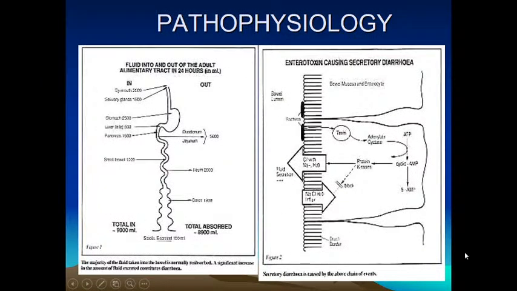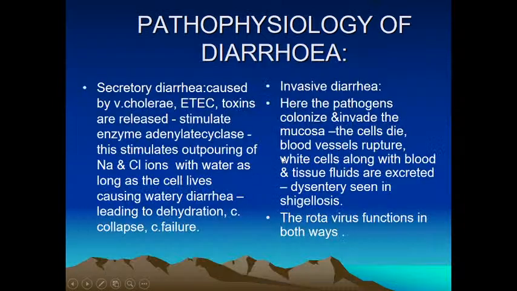I think the slide is too small for you all to see, so we'll just run across it. One should remember the difference between secretory diarrhea and invasive diarrhea. Secretory diarrhea is caused by Vibrio cholerae and the toxigenic variety of E. coli, and toxins are released which stimulate the enzyme adenyl cyclase.